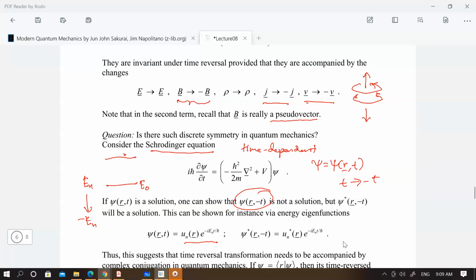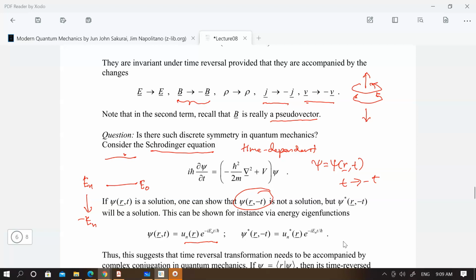Okay, so in other words, we have to do something else, just like the case of your magnetic field just now, the electromagnetic field. We do some extra thing to make sure that everything goes back to normal, in a sense, when you do the time reversal.